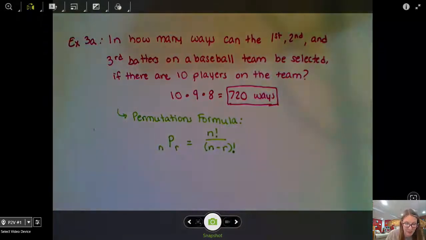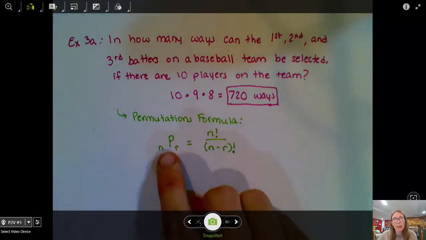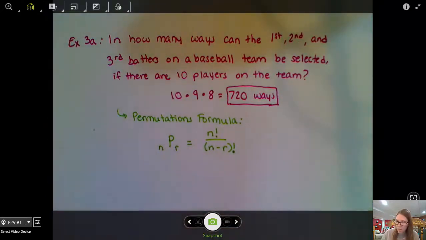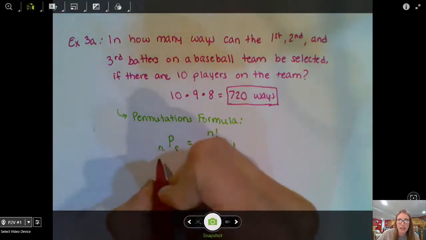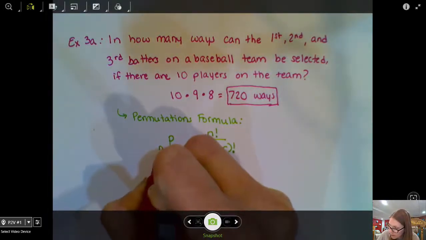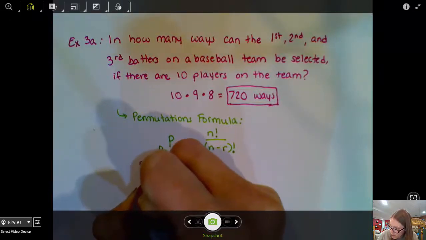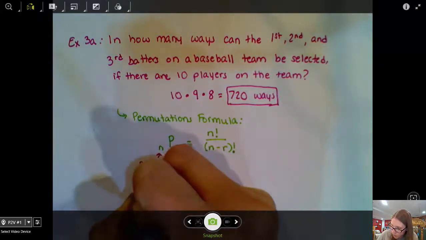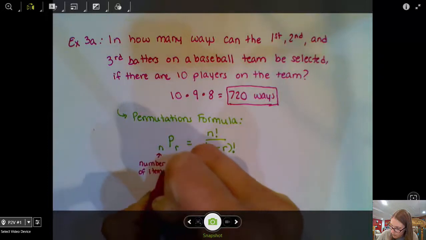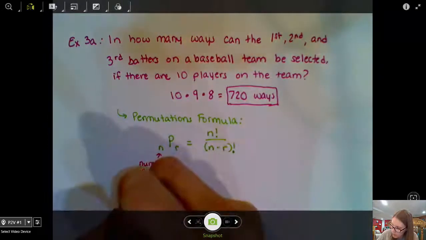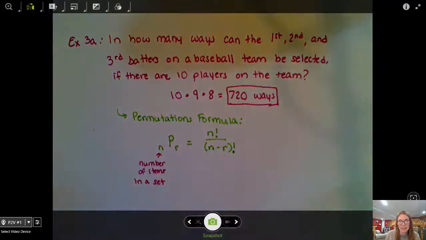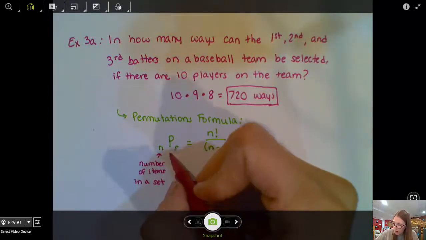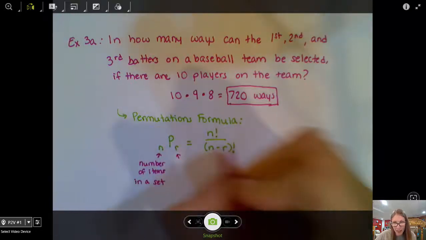Okay, what on earth does this mean? So that capital P stands for permutations. N is the number of items in a set. R is how many we are choosing to be arranged.